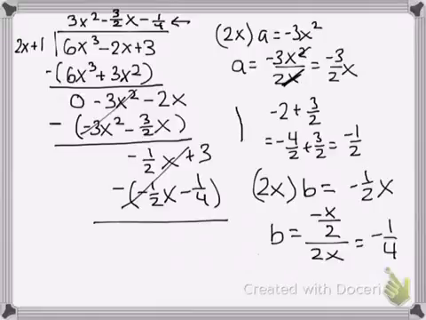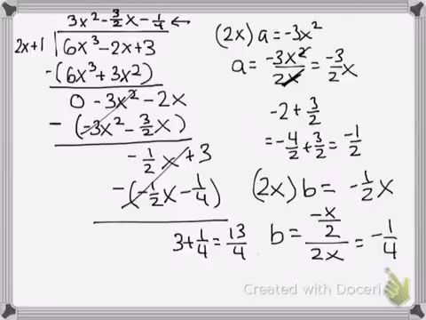So 3 minus negative 1/4 is 3 plus 1/4, which is 13/4. Okay, so there's my remainder.